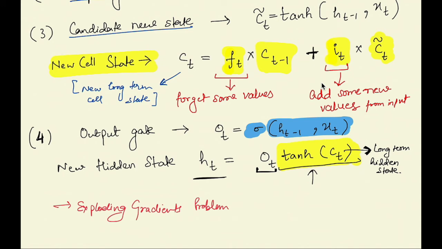To see that, we can observe that, let's say our ft is 1 and it is 0, then our next hidden state ht would be simply ot times tanh of ct, and since ft is 1 and it is 0, ct is simply ct-1, and let's say ot is 1.